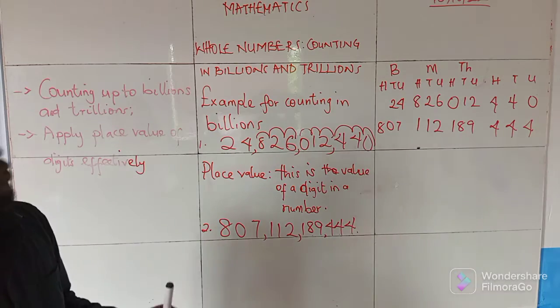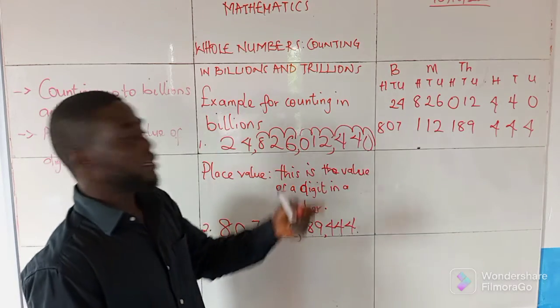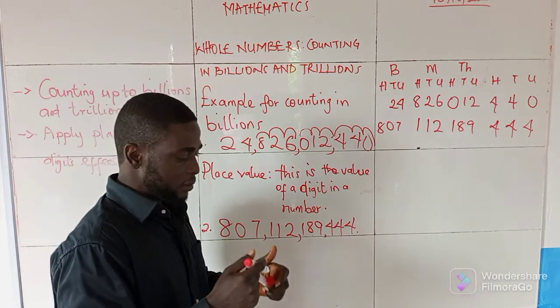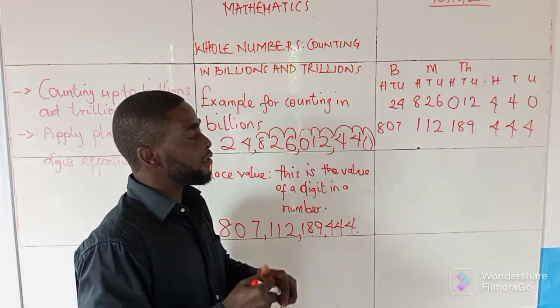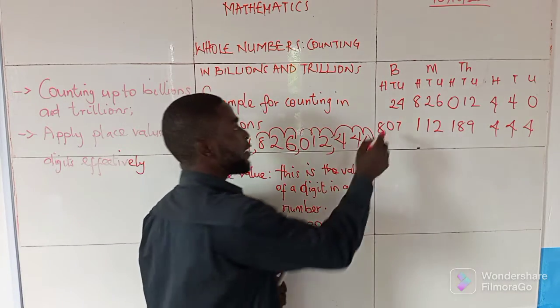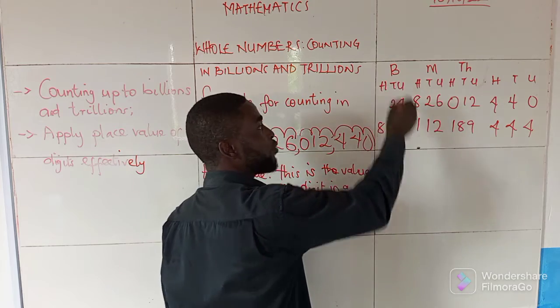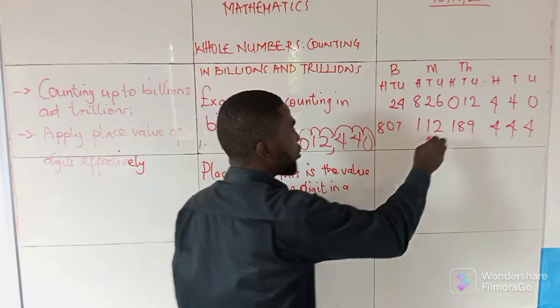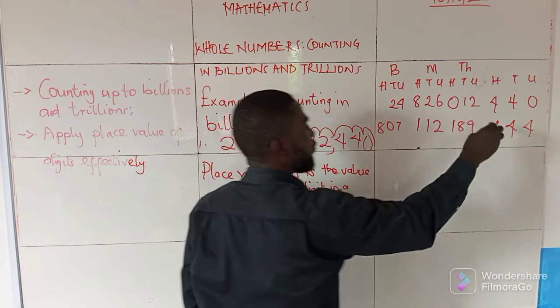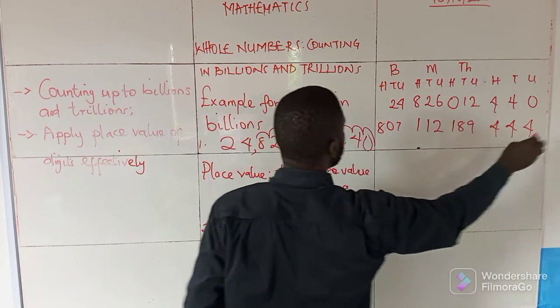Just by looking at it, you know that we have hundreds of billions attached to the number. And without any further ado, from your understanding from the previous example, you can just go straight and name it and say this is 807 billion, 112 million, 189,444.